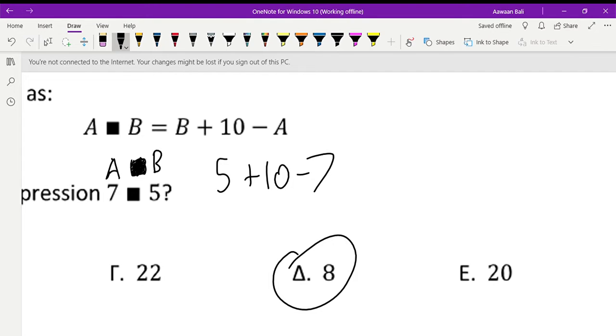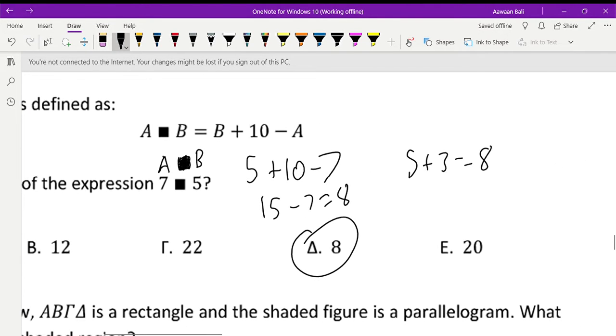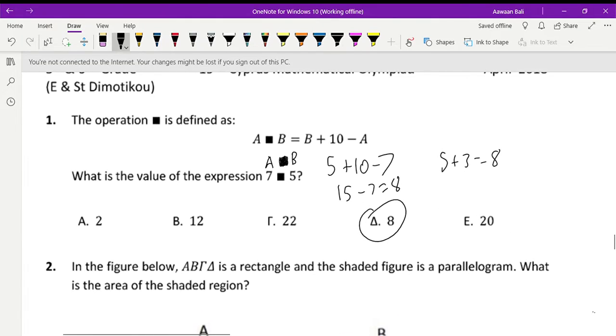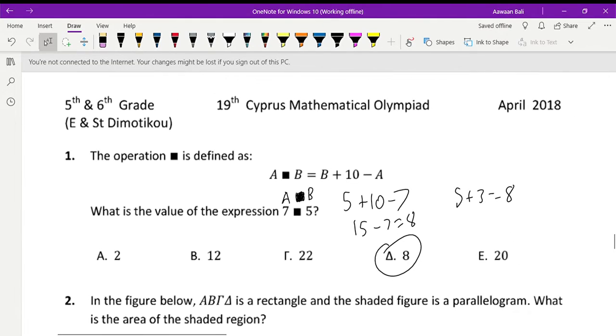So let's just go addition then subtraction first. So 5 plus 10, 15 minus 7, 8. Then if we did subtraction then addition, 5 plus 3, 8. Same thing, right? Therefore the answer is delta, 8.